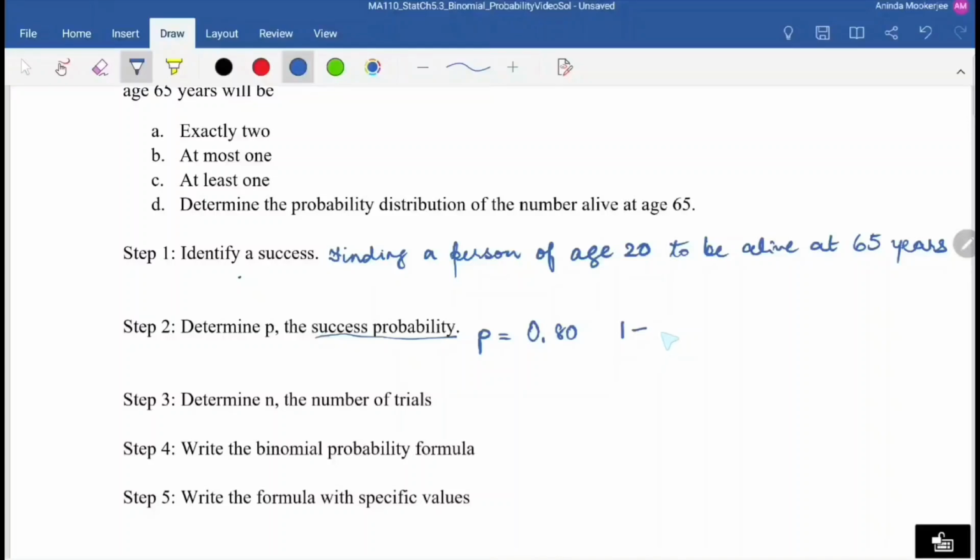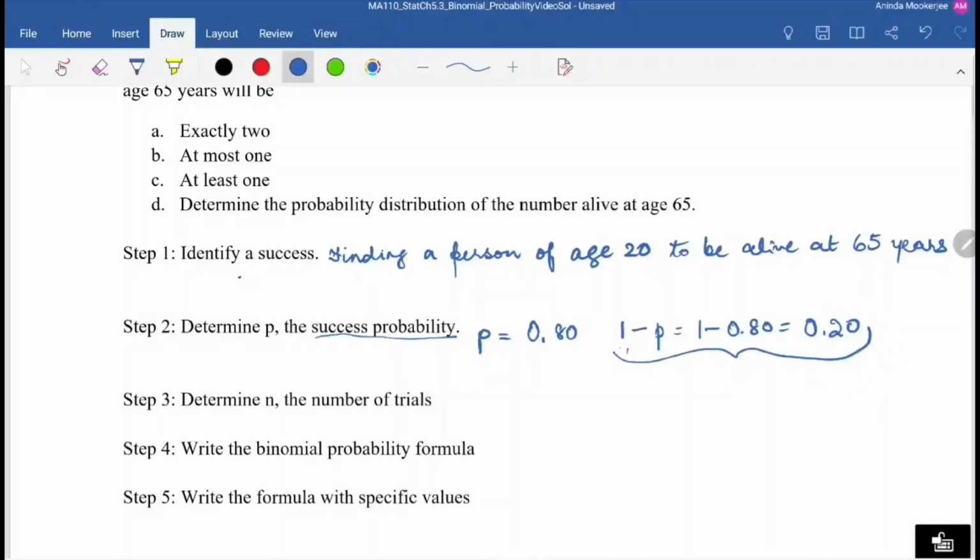So 1 minus P, or 1 minus 0.80 equals 0.20. That's the failure probability. All right. 0.20. We will need to use 1 minus P in our calculations for probability. So you have to do that calculation at some point.